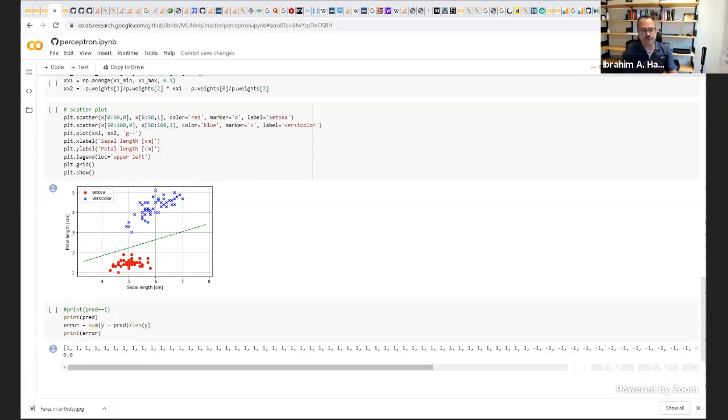So it's very important that PLR works fine with a linear decision boundary. Otherwise, the weights will never stop updating unless we set a maximum number of epochs. So in fact, we have a problem: if we cannot find a good decision line, it will keep training forever and not converge. So we need to define a maximum number of epochs, so when it reaches this number, it will just stop by itself.